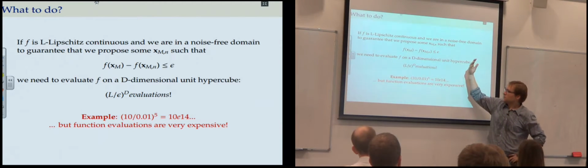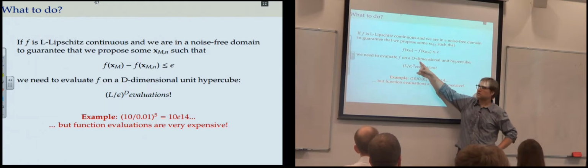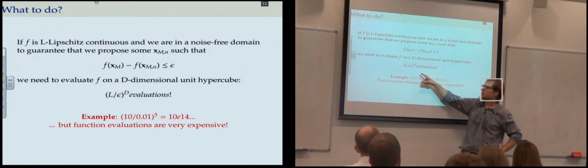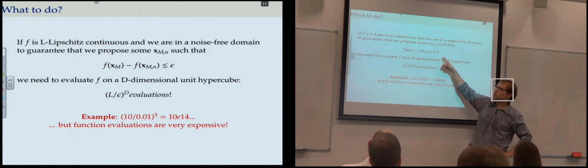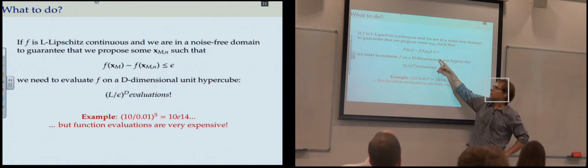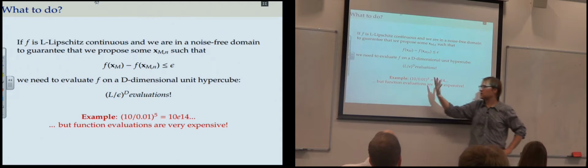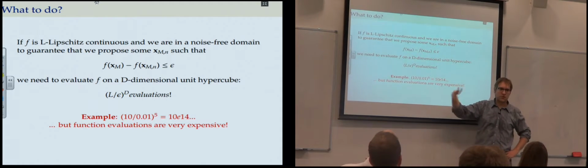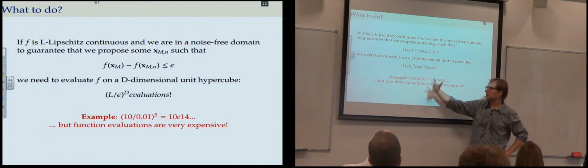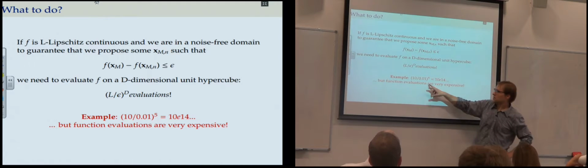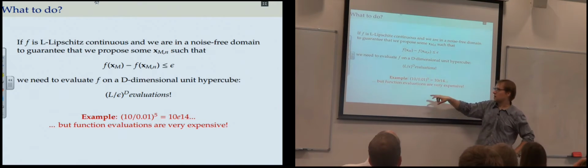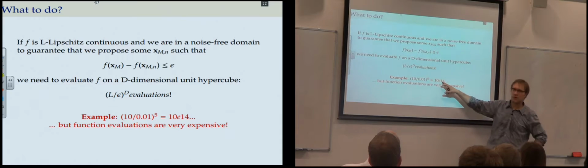Then imagine your function is defined in a d-dimensional hypercube. To guarantee that you hit a point with this distance to the optimum, you need this quantity here. So if you think of an example in which the Lipschitz constant is 10, the tolerance is 0.01, and it's an example in 5 dimensions, you get this number of evaluations.